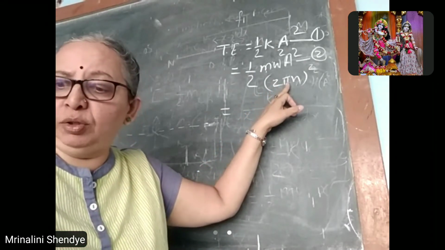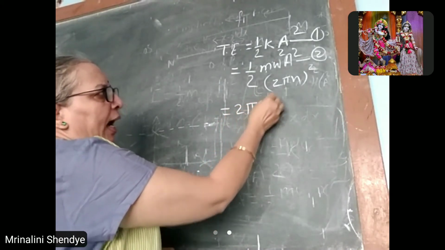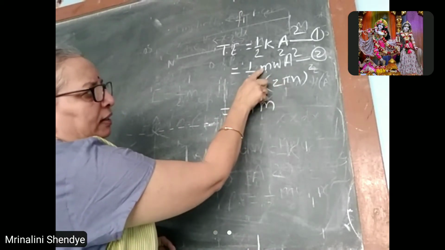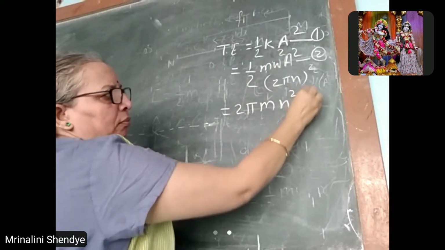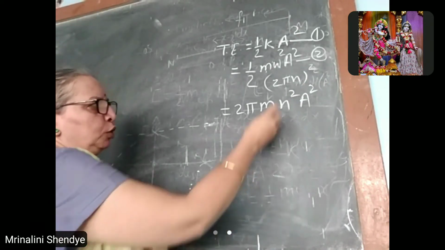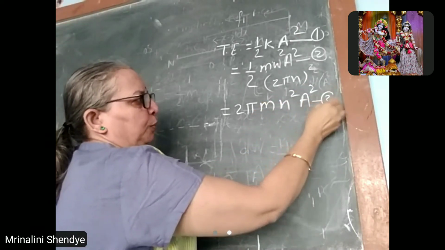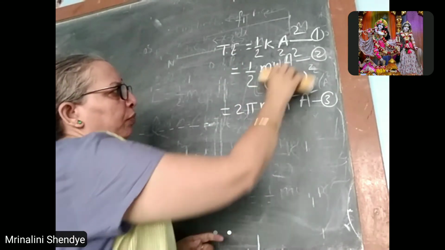When you simplify, you will get 2 pi square m n square a square.